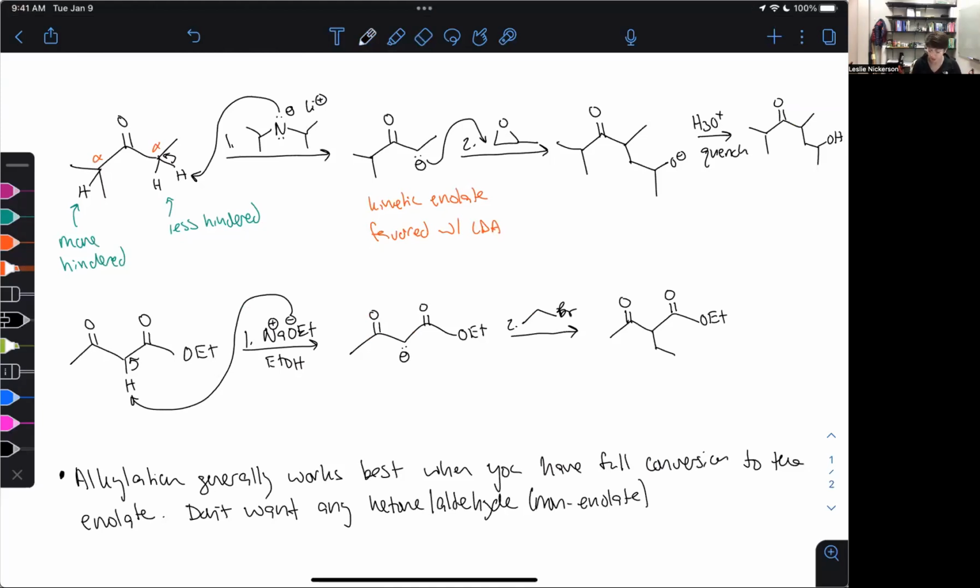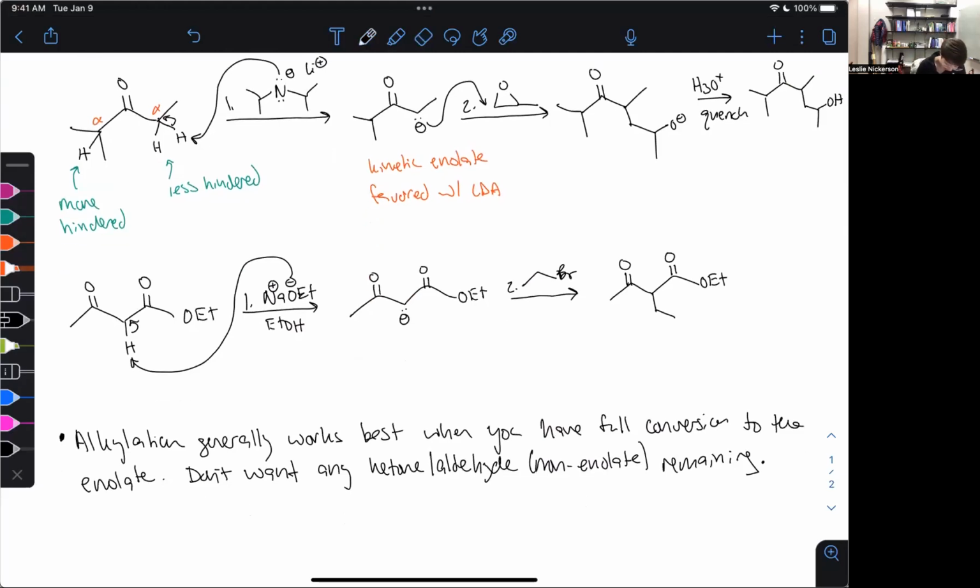So we don't want any of that stuff remaining, just so that we don't have any situations where we have multiple electrophiles in play at a time, right? So we want to make sure that we've got one nucleophile, one electrophile, and we want that to be our alkyl halide.